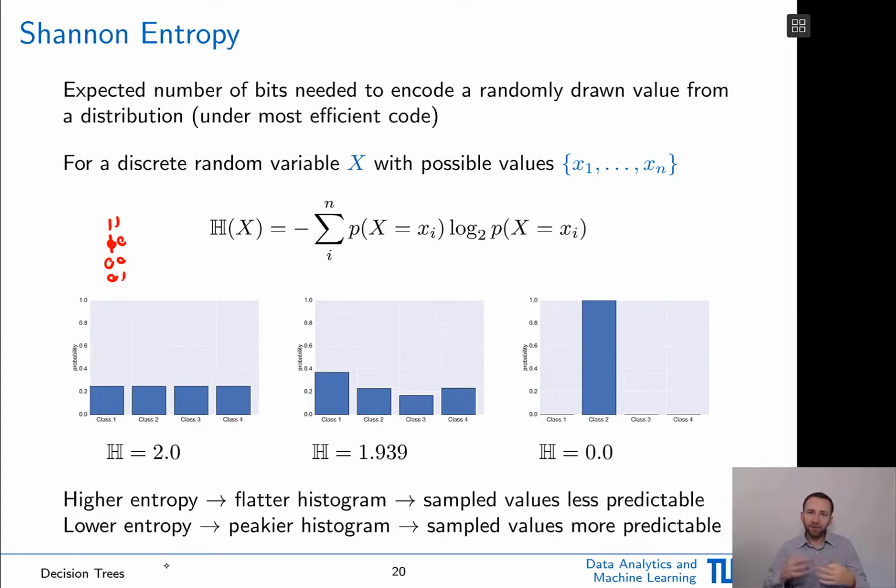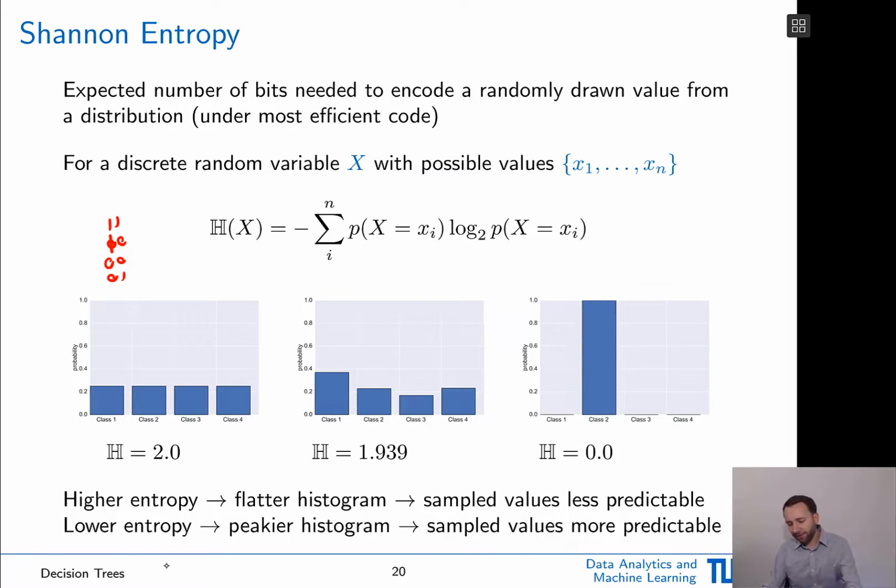If the distribution becomes more peaky, what you will see is that the entropy goes down, right? So here, for example, you have more likely class 1 and then the other classes are smaller. So the entropy goes down until, in the extreme case, when the histogram is extremely peaky, the entropy becomes 0, okay? So this intuitively means you don't need any bits to represent the class information about the instances in your region, because you anyway know it's class 2.